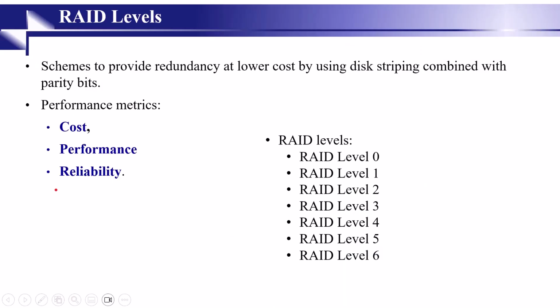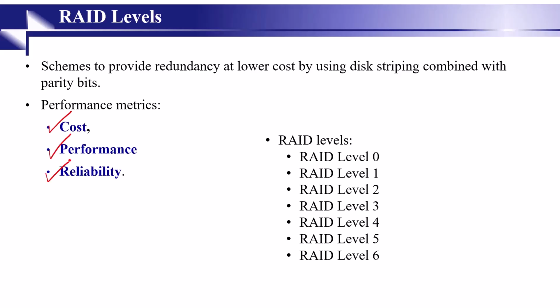Next up, let's talk about RAID levels. These are different schemes designed to balance redundancy and cost, often using techniques like disk striping or parity bits. When we evaluate RAID levels, we look at three key metrics: cost, performance, and reliability.